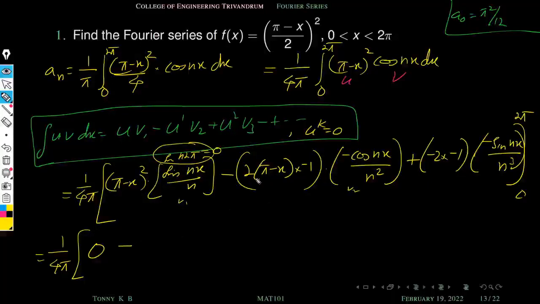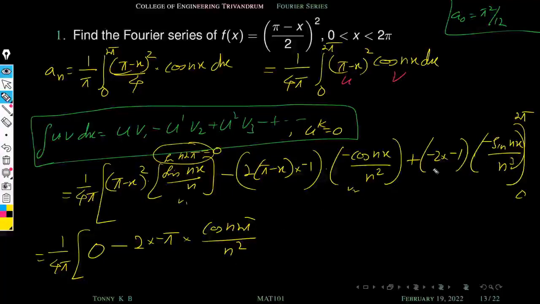Then what about the second one? In the second term there are 3 minus signs, so this becomes minus. Then 2 is there, so 2 into, and when x equals 2 pi, pi minus 2 pi is minus pi, so minus pi into cos n into 2 pi divided by n square.